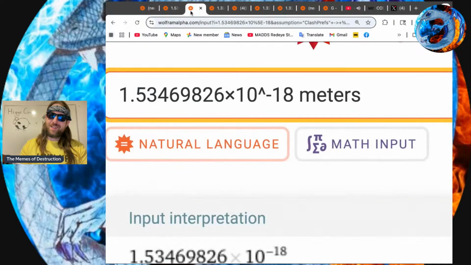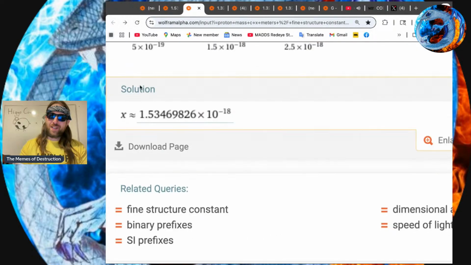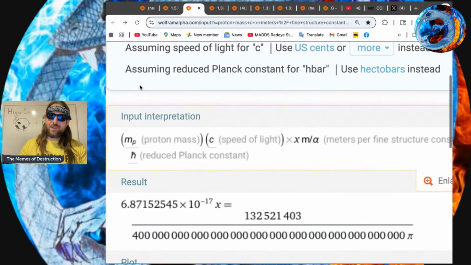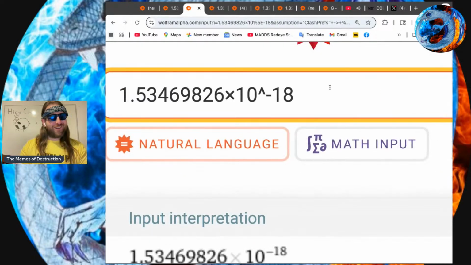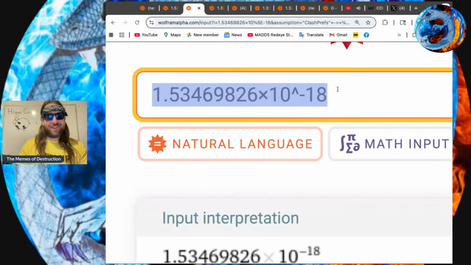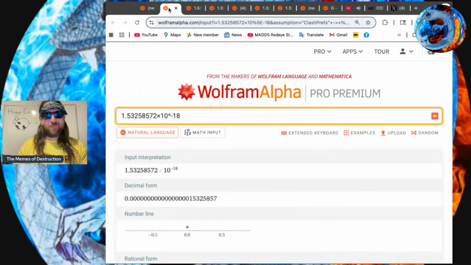So this was our proton calculation. Okay, we got the proton in there. Here's where things start getting wild. And again, maybe this shouldn't be surprising. Let's take the proton radius and divide it into the neutron, because the neutron is a heavier thing. It should be bigger, right?